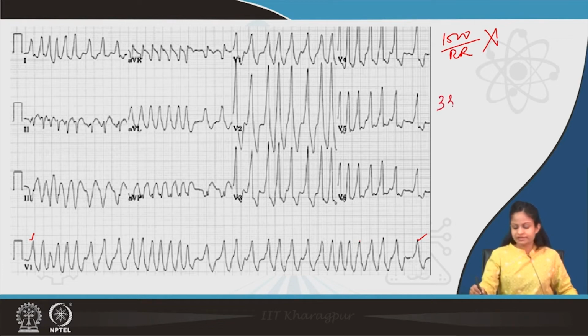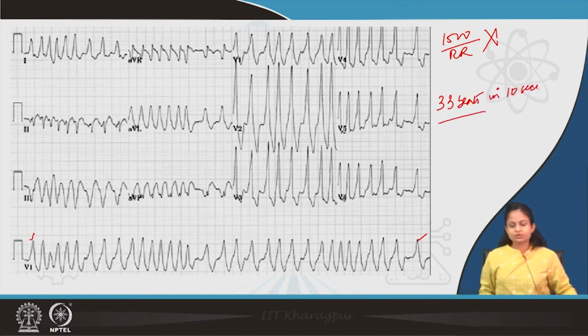So, we are getting 33 beats in 10 seconds of ECG. If I want to calculate the heart rate here, I multiply 33 by 6 and we get around 198 beats per minute. So, here the heart rate in this case of irregular rhythm will be 198 beats per minute.